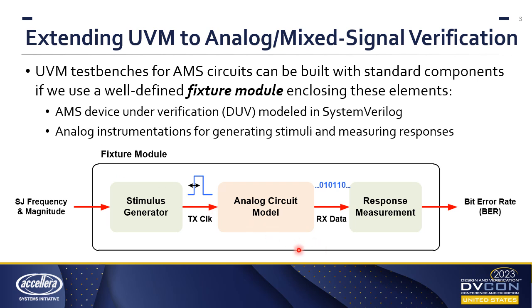First, it must enclose the device under verification modeled in SystemVerilog. Second, it must enclose the instrumentations for generating stimuli and measuring responses as well, so that no analog waveforms need to be processed outside the fixture module.